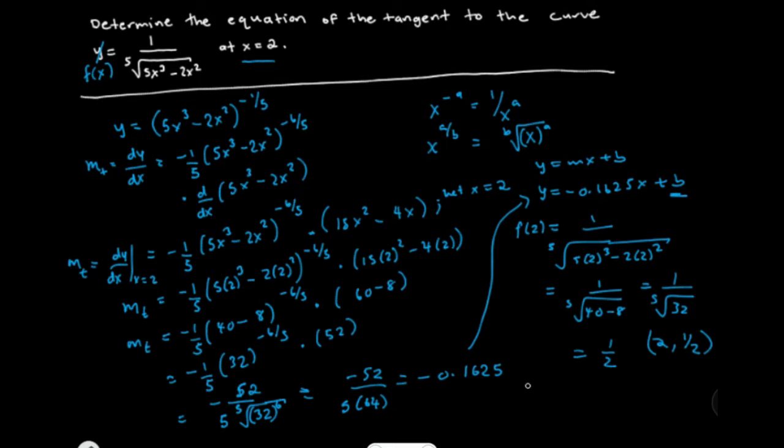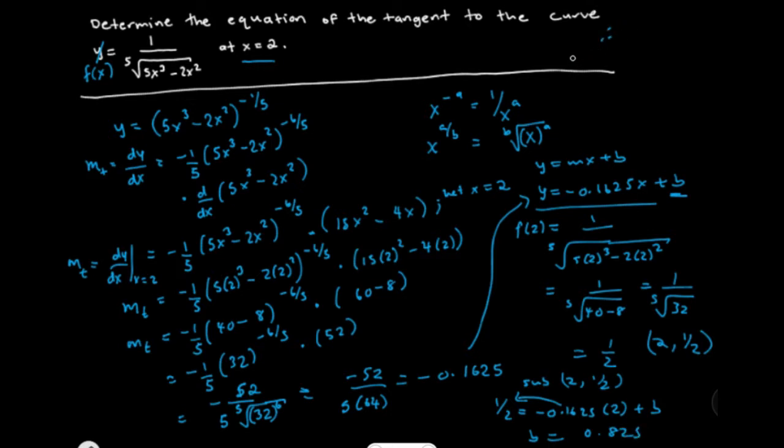We're going to substitute (2, 1/2) into the equation. So if I substitute that in, we basically get 1/2 is equal to negative 0.1625 times 2 plus b, and b here is equal to, if I move this to the other side, 0.5 plus 0.1625 times 2, which is 0.825.